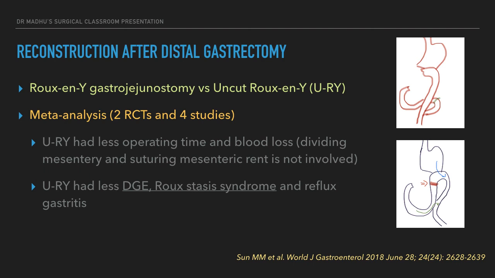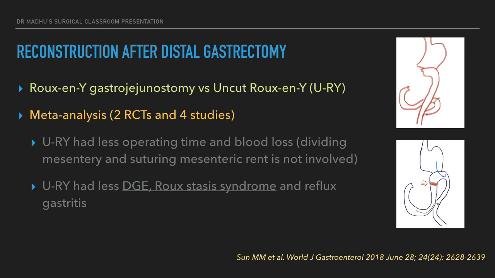And again, it has been proven in this study that an uncut Roux-en-Y has less incidence of delayed gastric emptying and Roux stasis syndrome and reflux gastritis. So thereby, this meta-analysis proved that an uncut Roux-en-Y type of reconstruction has a very good long-term outcome after a distal gastrectomy.